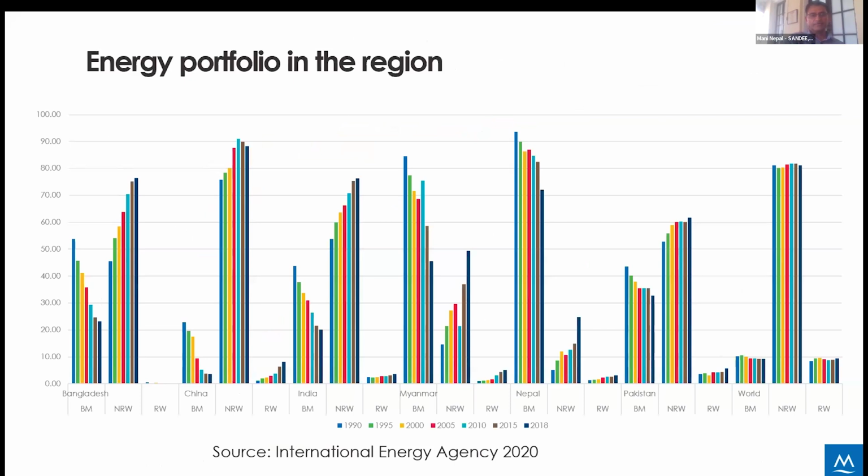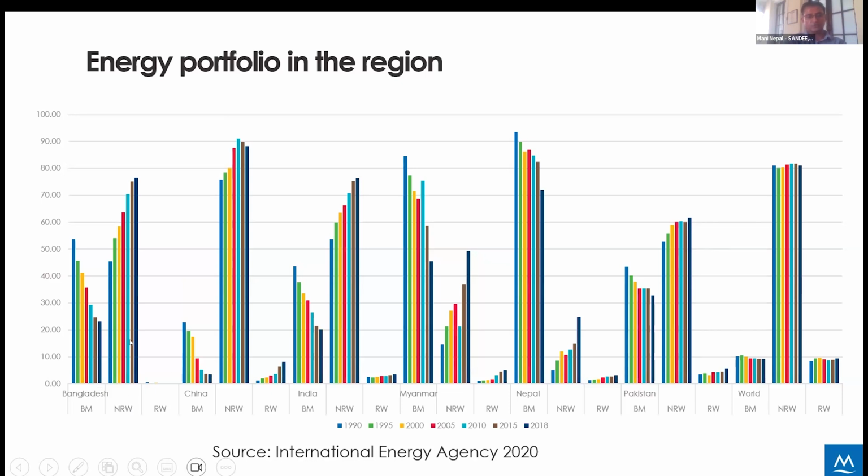If you look at the energy use in the region, what we can see is there are two major sources. One is biomass, and the other one is non-renewable energy, like hydrocarbons, LPG, diesel, petrol, natural gas, all kinds of things. So those two actually make most of our energy sources, where renewable is very, very low.